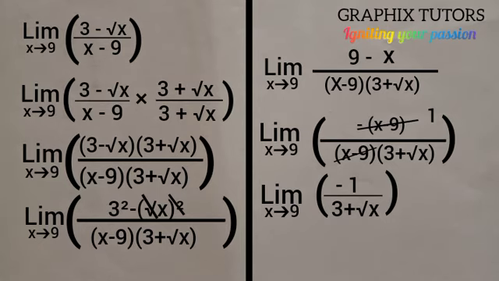Anywhere you see x in this expression, you're going to put 9. So we have minus 1 all over 3 plus, instead of putting x, you put root 9. When you do that, minus 1 will now be divided by 3 plus the root of 9, which is 3, and this will give us minus 1 all over 6. So this is what we have here.